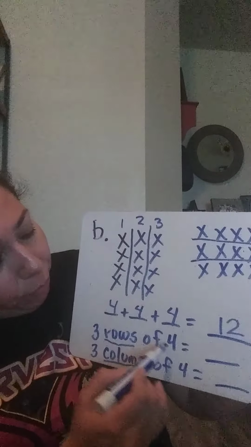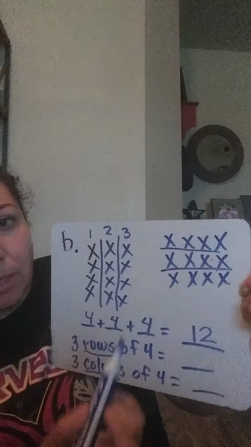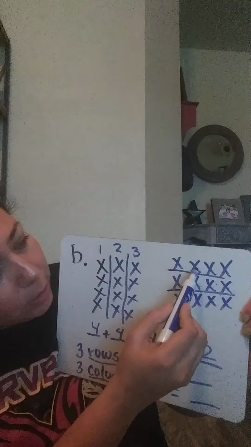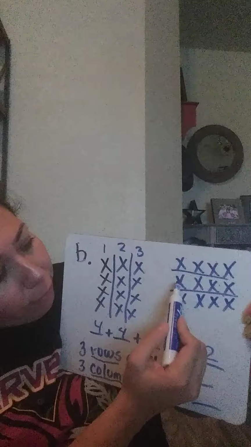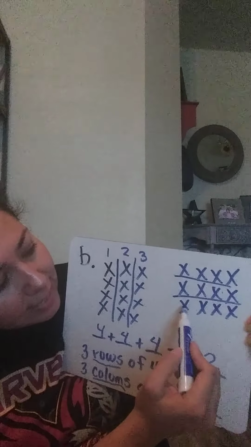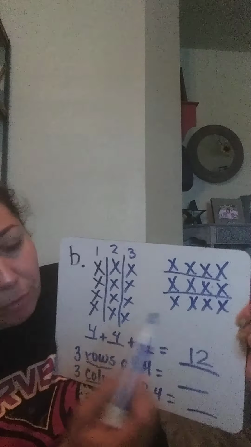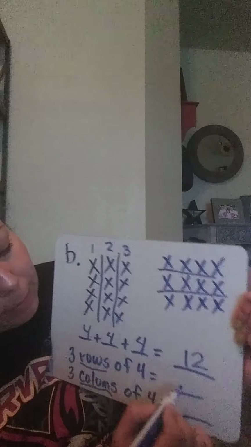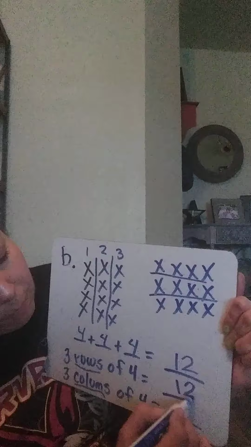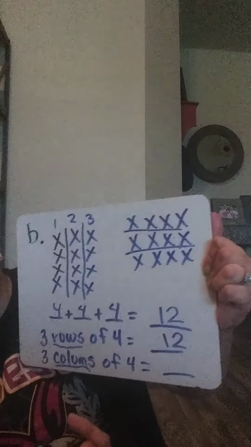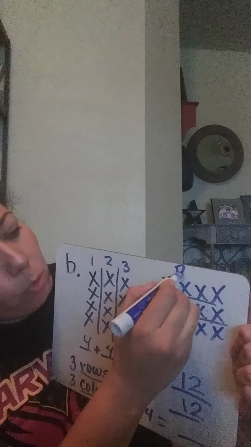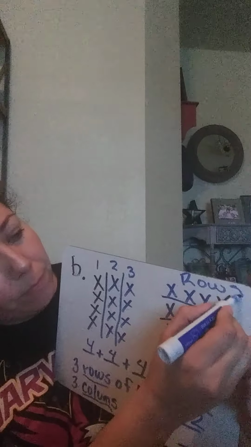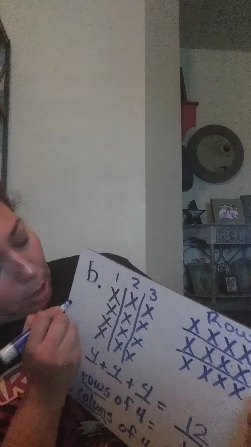So 3 rows of 4 equals, let's count. 1, 2, 3, 4, 5, 6, 7, 8, 9, 10, 11, 12. So 3 rows of 4s equals 12. These are rows and these are columns.